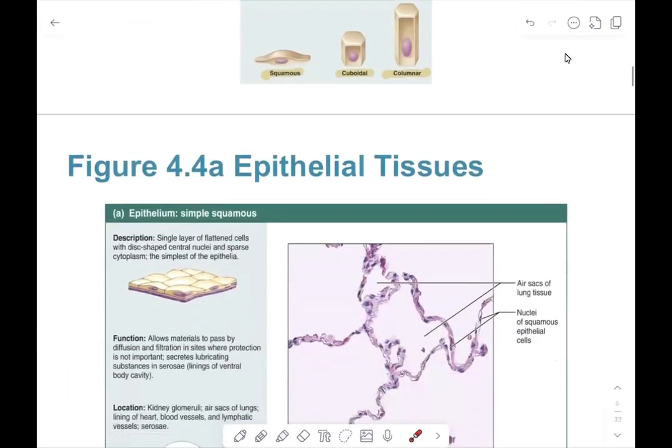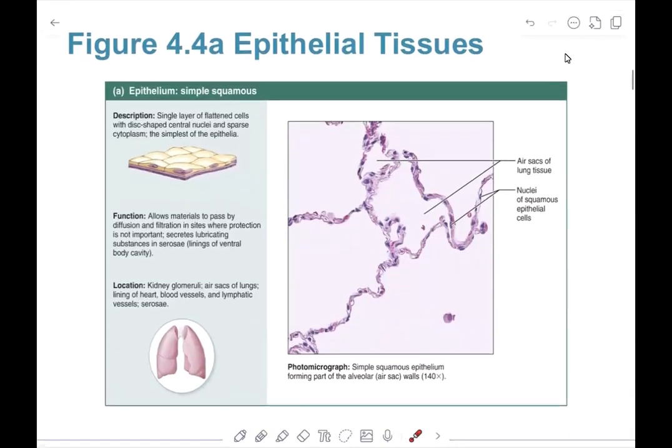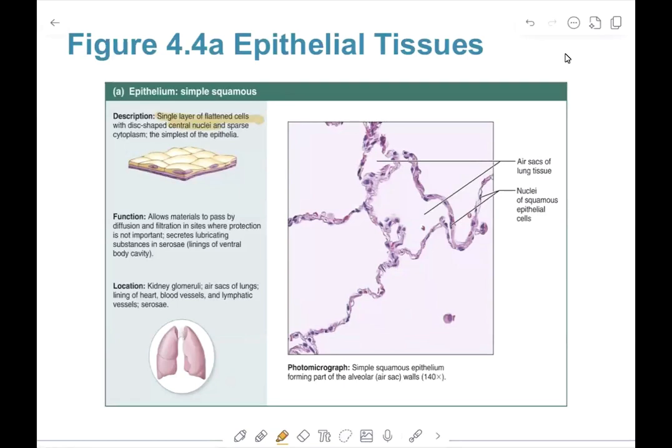So let's begin by looking at simple squamous epithelium. Simple squamous epithelium is a single layer of flattened cells, usually with a central nucleus, and it's the simplest of the epithelium. So you need to know the description, function, and location of each of these.